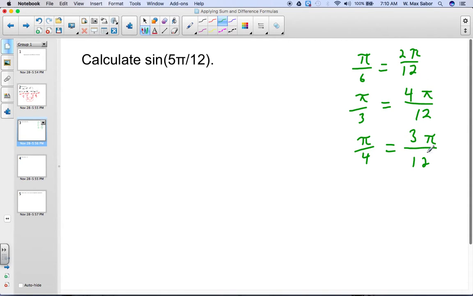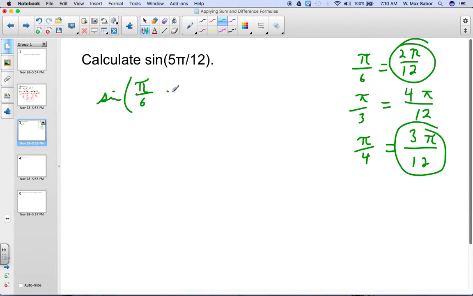So how can we combine these two? Well, if we take these two, they add up to what we're looking for. So this is sine of pi over 6 plus pi over 4. And if you preferred to put them in the other order, that would be fine. It would still work just as well. So what was our sum formula for sine?